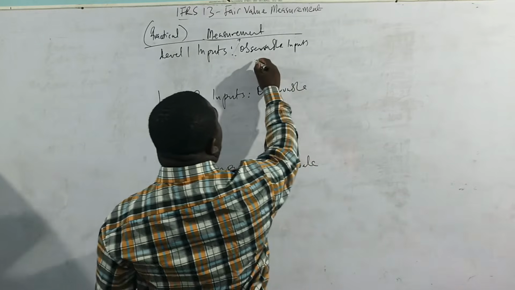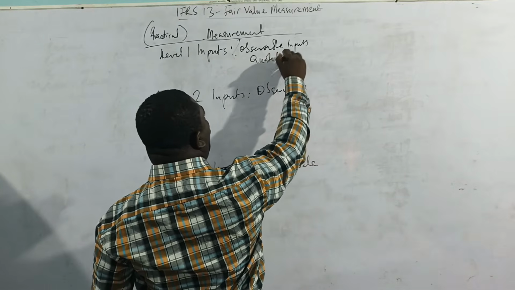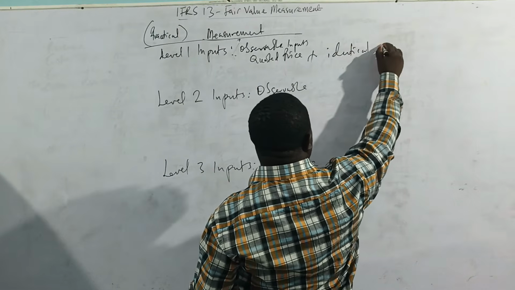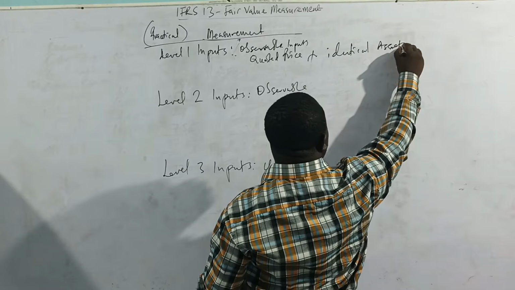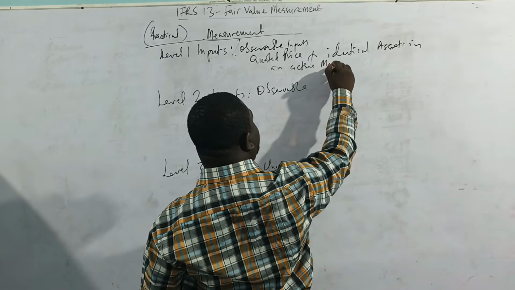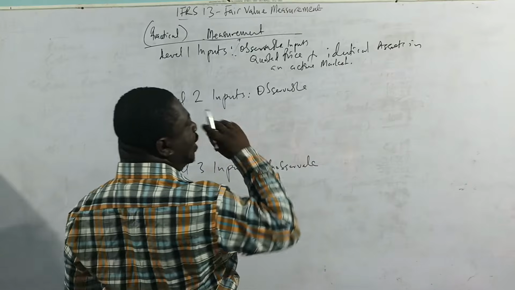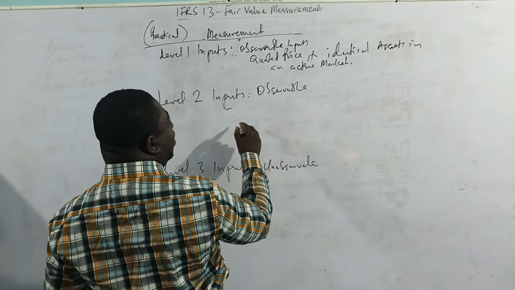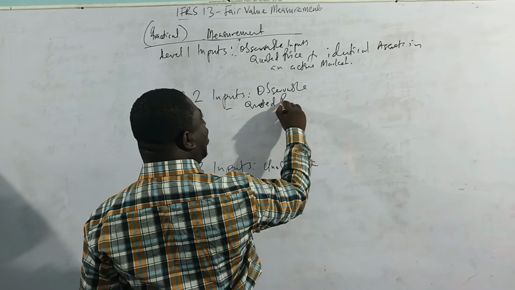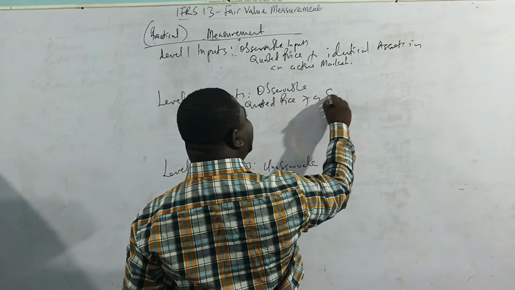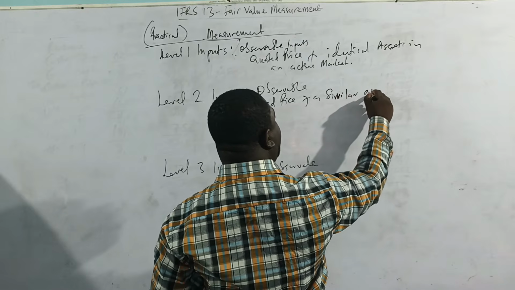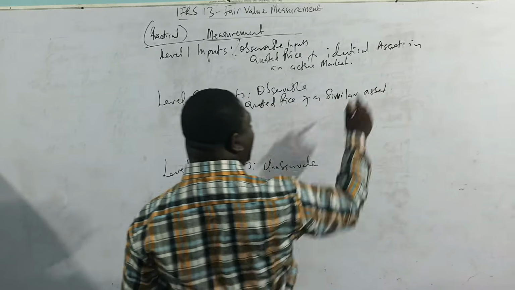So here we have quoted price for identical assets in an active market. The same thing comes here, but this time it is the quoted price of a similar asset also in an active market.